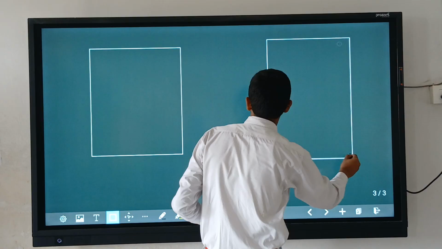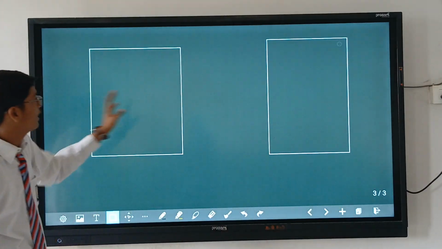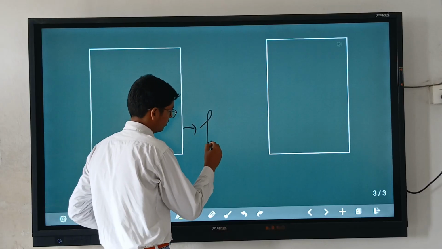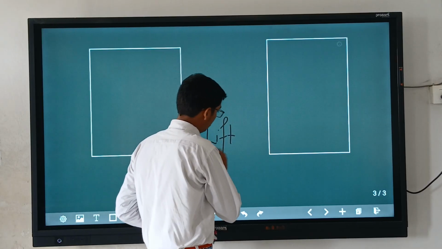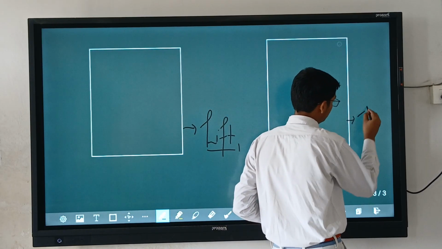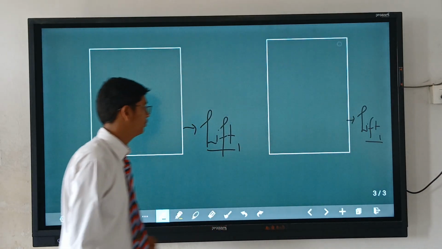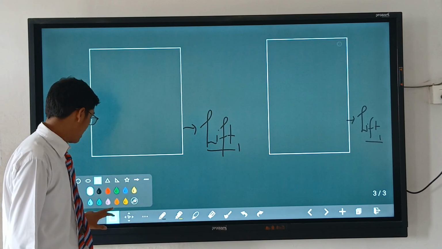There are two cases, and we are assuming that these two boxes are acting as a lift. It is the same lift, therefore I am denoting it as lift 1 in both cases.